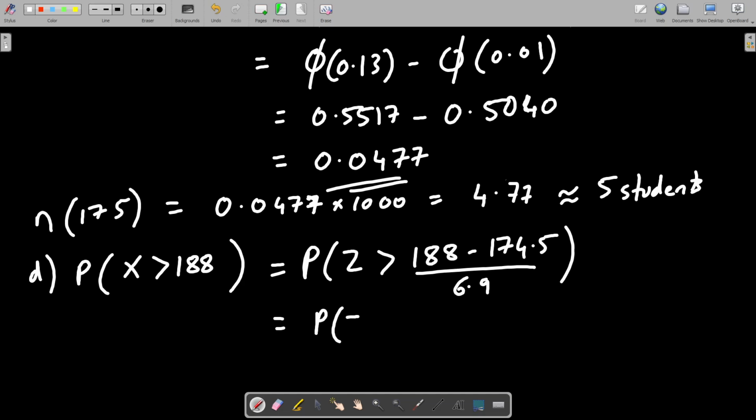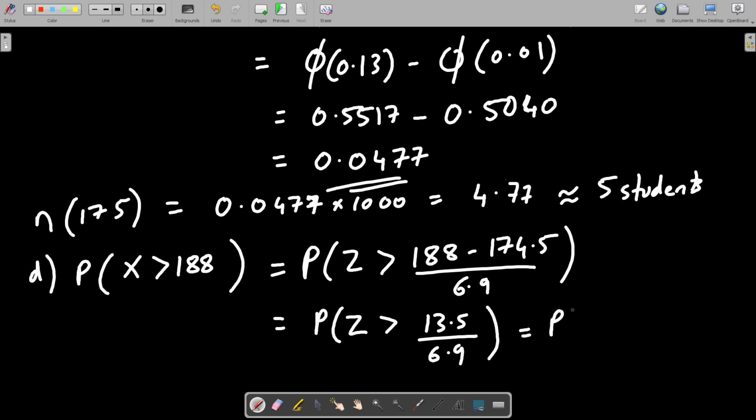So this is going to be probability of Z greater than 13.5 upon 6.9.